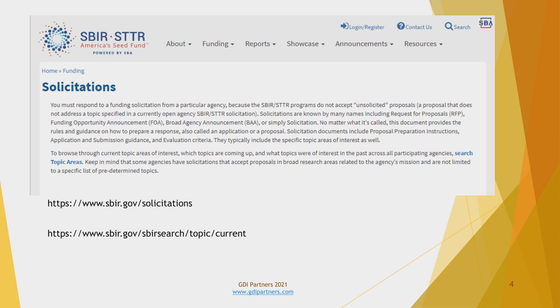So the difference between the two is both are suitable for a small business as the lead applicant, but in an STTR, you have to have a principal investigator from the academic community. So this helps to draw that academic research out of the labs and into the marketplace. And we have heard that sometimes STTRs can be easier to get because there are fewer applicants for those programs.